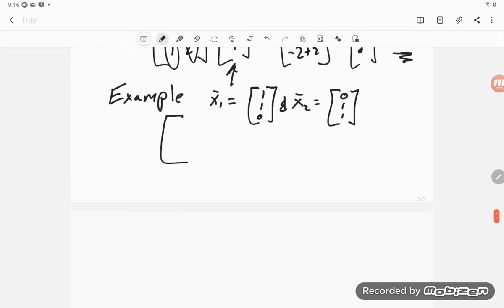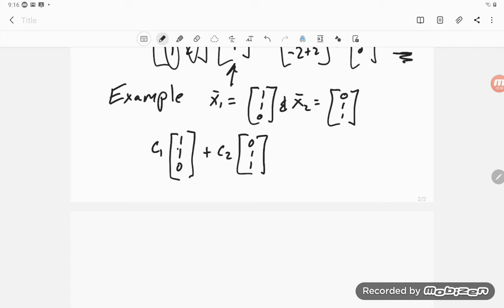Now if I'm looking for C1 times (1, 1, 0) plus C2 times (0, 1, 1), that is going to be the vector (C1, C1 plus C2, C2).